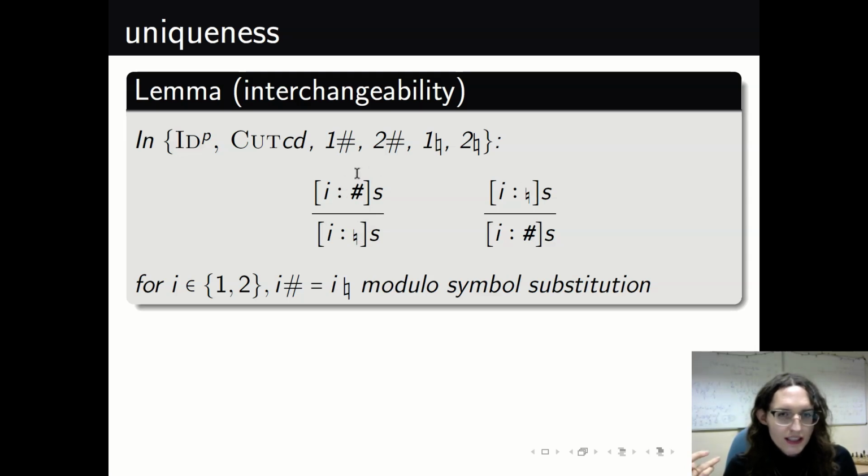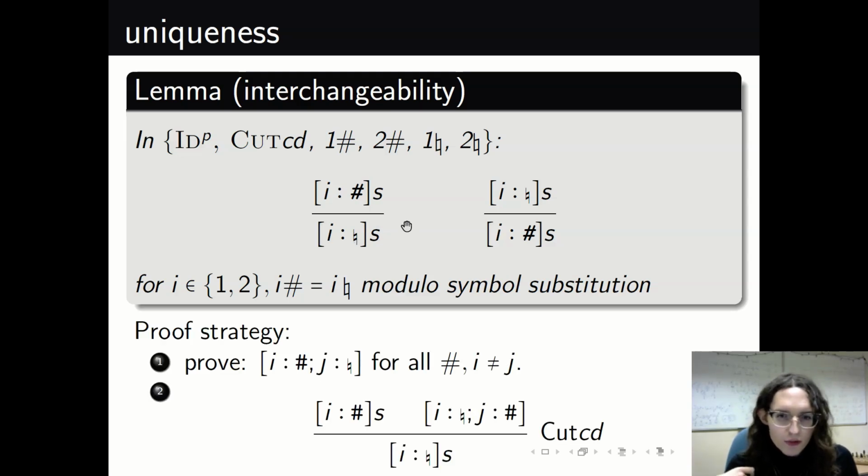So in any context, a hash formula can be replaced in the same context by a natural formula, and vice versa. And you prove this relatively straightforwardly by proving horizontal interderivability.